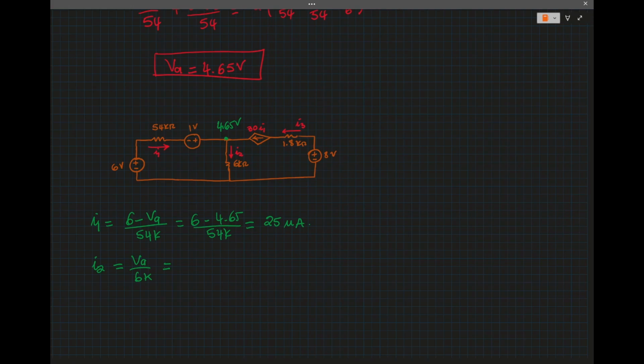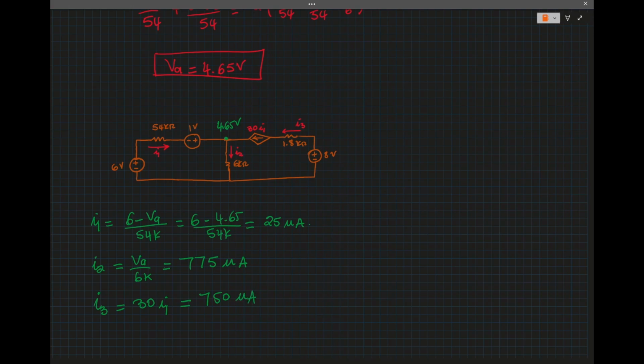Let's calculate that. So I2 will give me 775 microamps. And I3 now, right, which is 30 I1, is equal to 750 microamps.